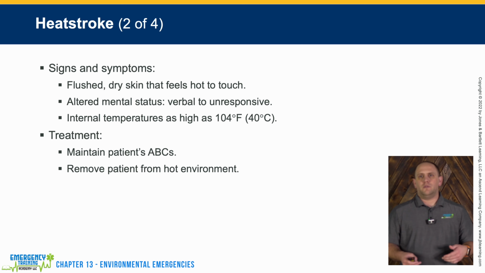They're not going to be very responsive. If they are responsive, it's probably going to be to verbal stimuli, or they're unresponsive altogether. They will also have an internal temperature of greater than 104, which is why we're starting to see that brain damage happen.